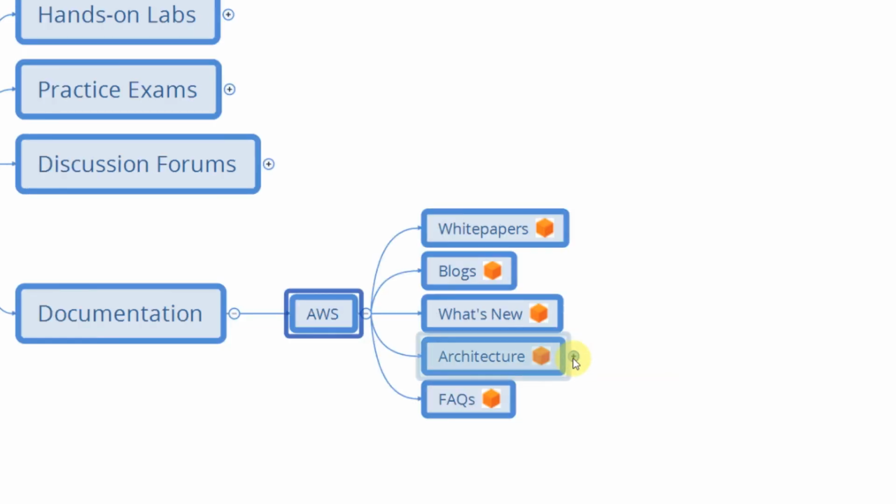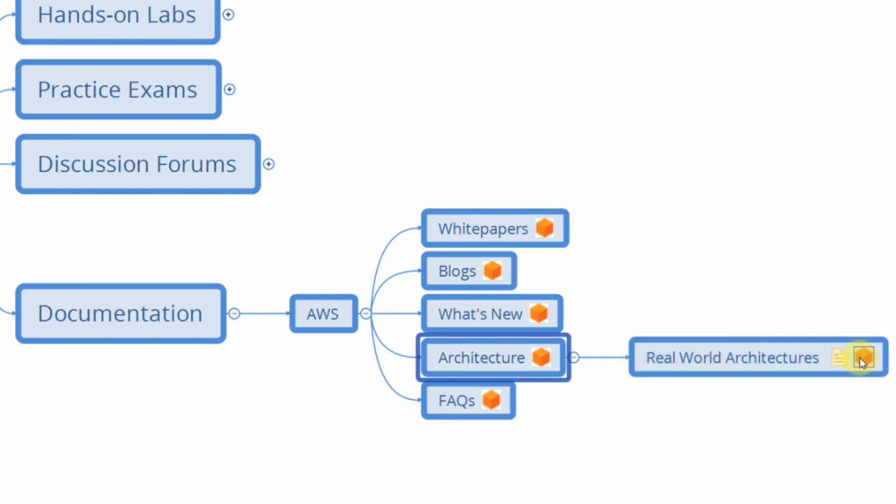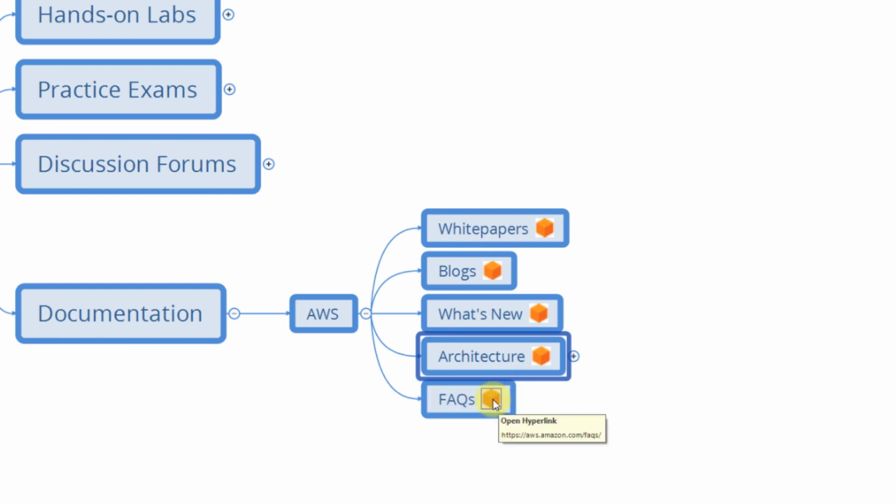This has a lot of resources, including sample real-world architectures you can look at, real-world architectural diagrams, and so on. And finally, the FAQs. AWS has FAQs for every single service they provide. And you can learn pretty much 70 to 80% about a service by just going through the FAQs. Of course, there's also the developer guides and user guide documentation for every service.